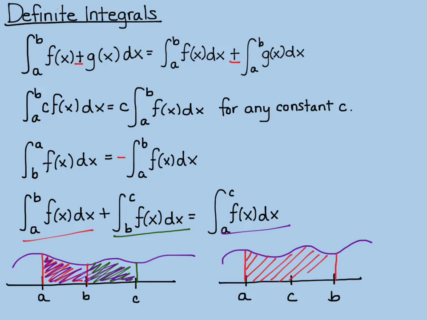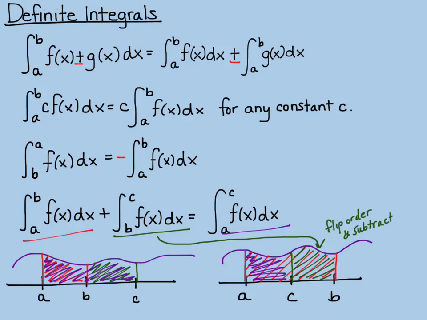So here's the integral from a to b, here's the integral from c to b, and notice that we wanted to go from b to c, so we wanted to subtract off the green area, and we're left with the integral from a to c, which is the purple area. So this actually works whether a, b, and c are listed in order or not.